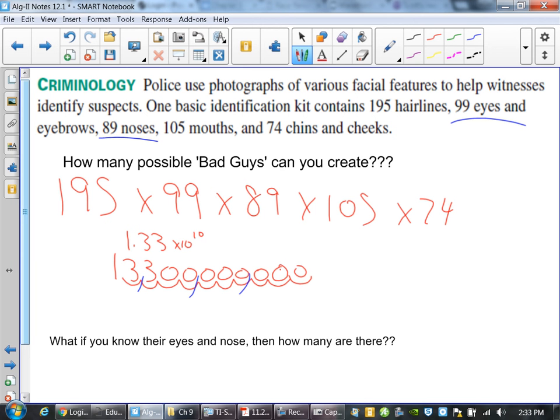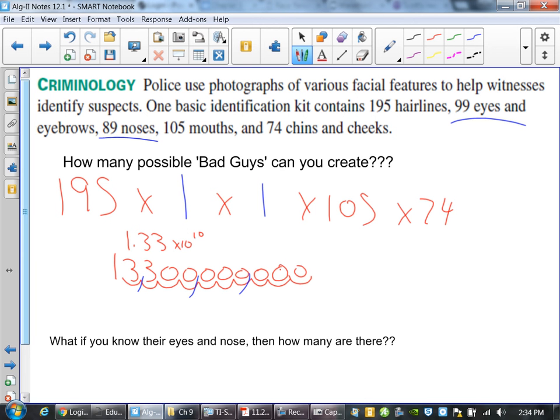Let's say I got it on video, I have a picture of this, so I'm able to distinguish what these are. So I know for certain out of that 99, I know what that one looks like. Out of the 89, I know what that one looks like. So it now decreases the pool, which means it increases the odds of finding it.